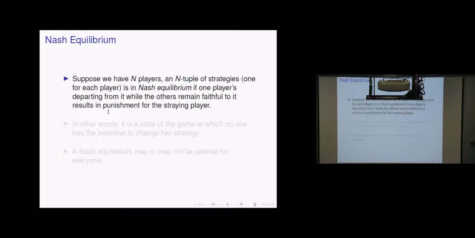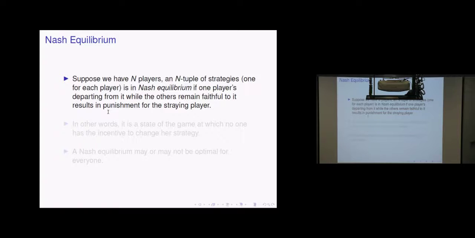Now, every player has one strategy. So you have an n-tuple of strategies, right? We say that the n-tuple of strategies is in Nash equilibrium if, suppose one player departs from this strategy while the other players remain, then the player who moves out will lose, will get punished.